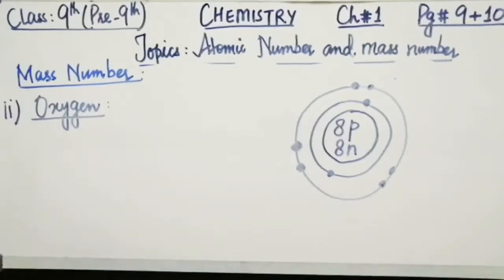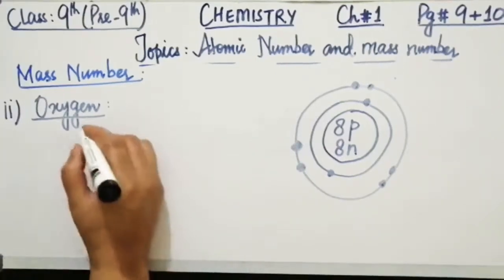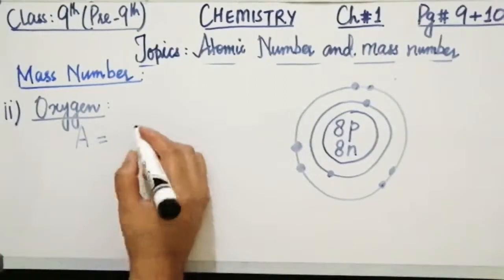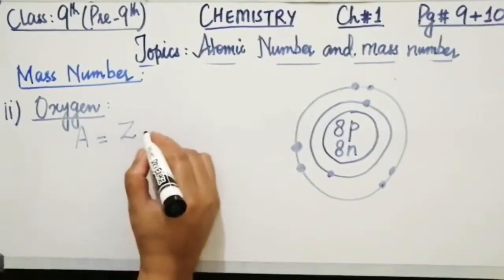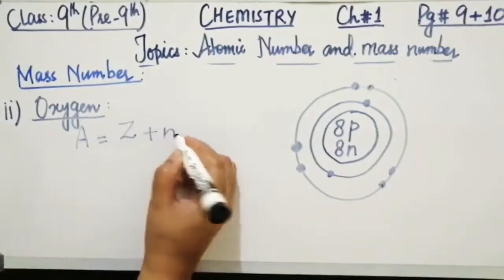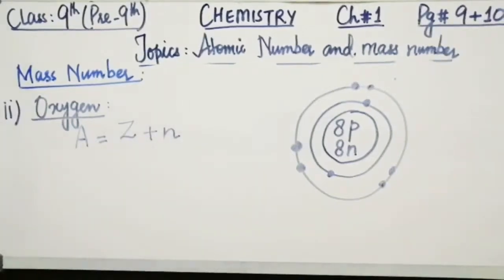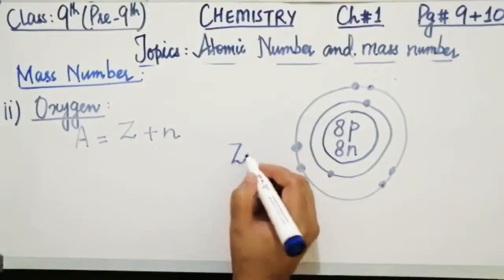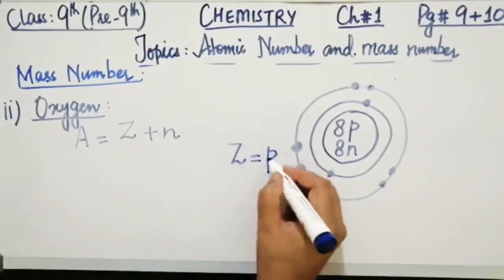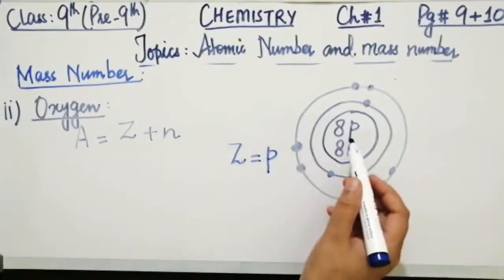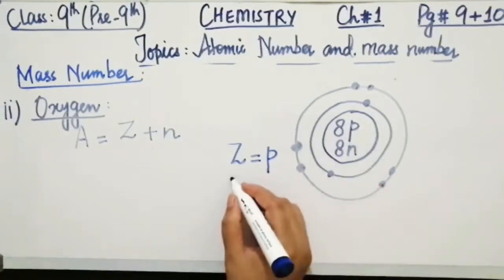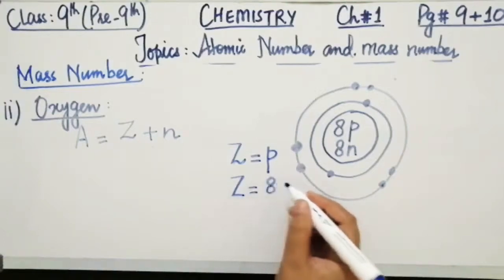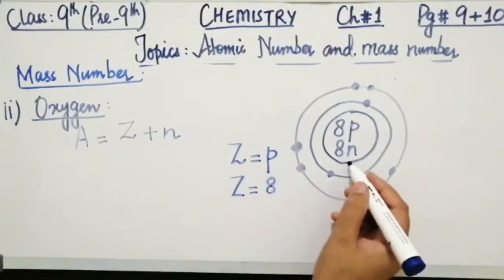So according to this, you have to apply your formula first, so you can easily get the mass number of oxygen. A is equal to Z plus N. So this is your formula. Now the value of Z represents the number of protons. How many protons are present in the nucleus? So the number of protons, that is Z, is equal to 8. How many neutrons are present in it?